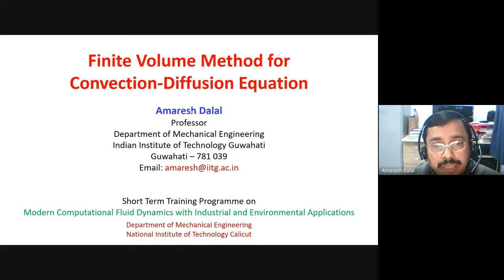Then finally we'll consider the steady state Navier-Stokes equation, and Patankar's famous SIMPLE algorithm we'll discuss to discretize these steady state Navier-Stokes equations, and at the last we'll discuss the boundary conditions.